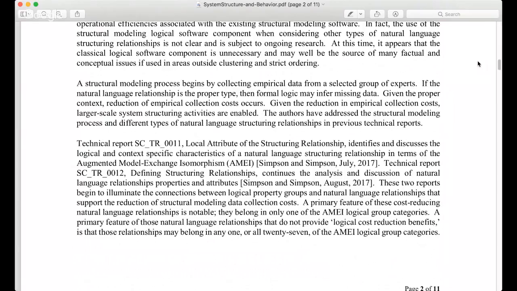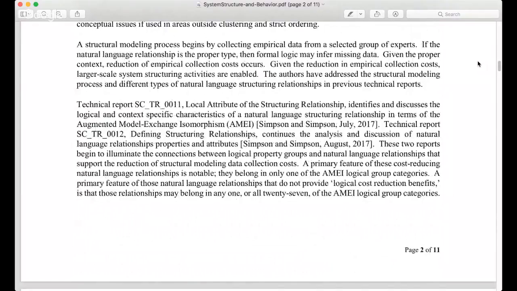And you can also use the AMEI logical operations to clearly define what you mean by part of. And so that helps reduce confusion and increases precision in our communication about the system structure. And reducing confusion and increasing precision then reduces complexity and normally reduces the cost of developing a specific design from that.